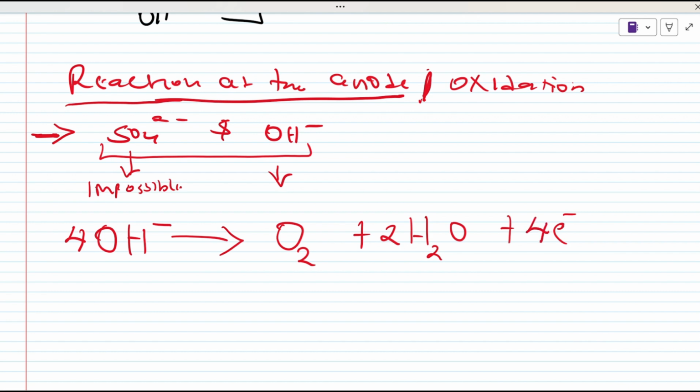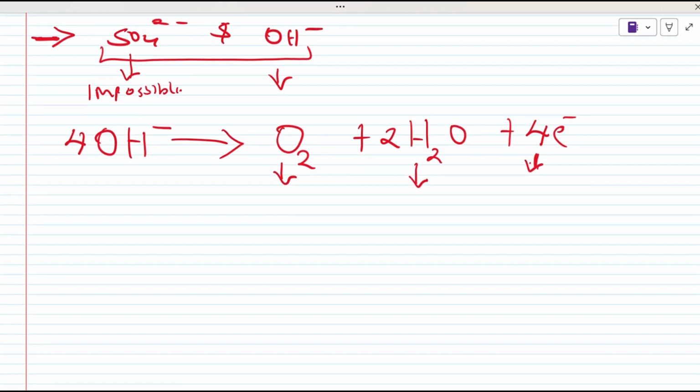I'm going to put a 4 here. So that's the explanation of what is happening at the anode. At the anode, we are forming oxygen gas and water molecules, and electrons are donated. At the cathode, there's a reduction.